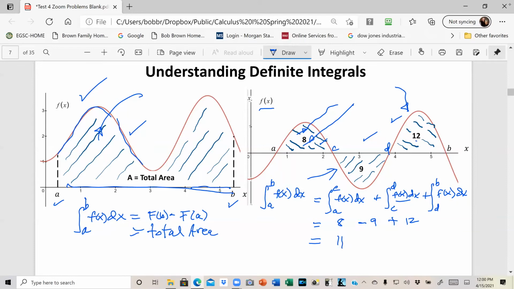So if you wanted to know the total area, you would have to take the absolute value of integral 1 plus the absolute value of integral 2 plus the absolute value of integral 3.